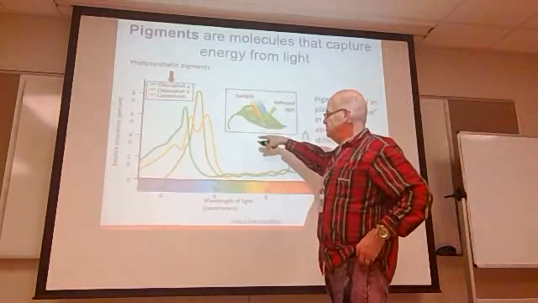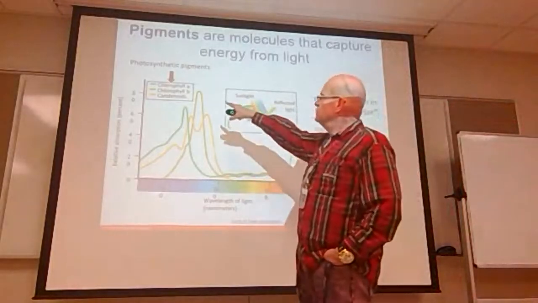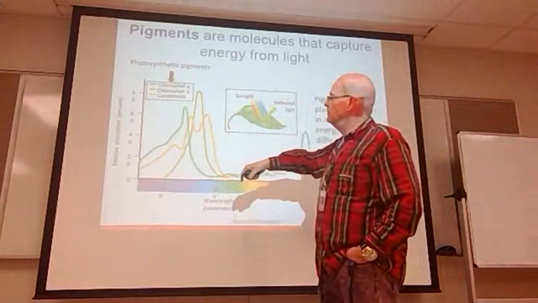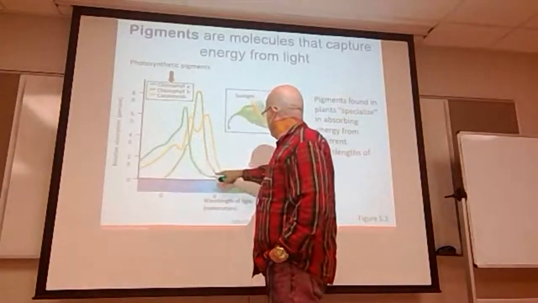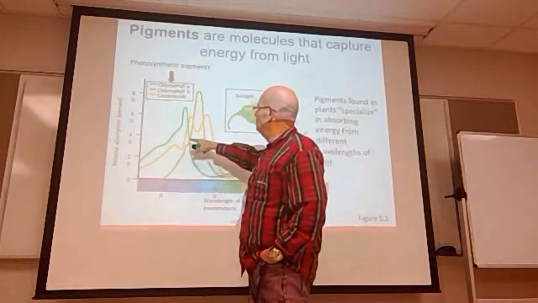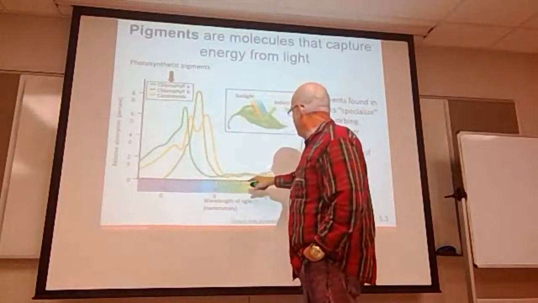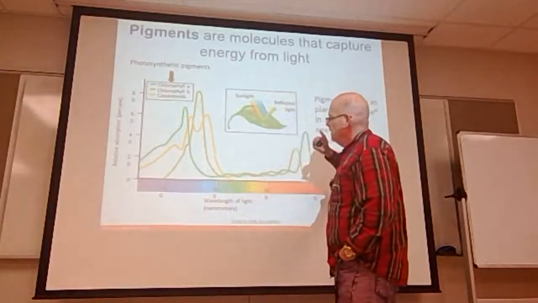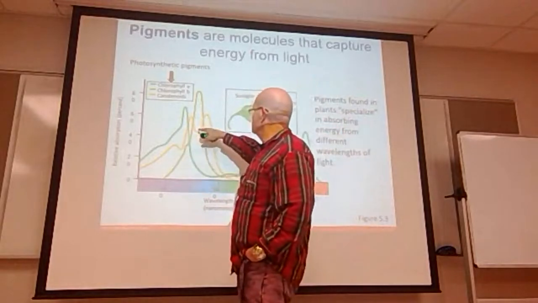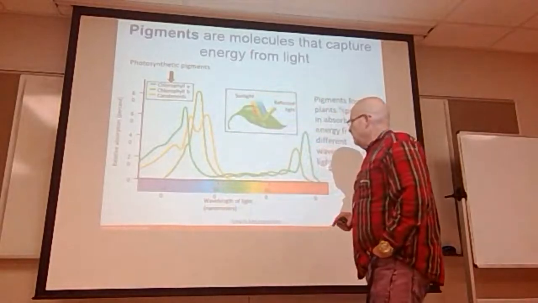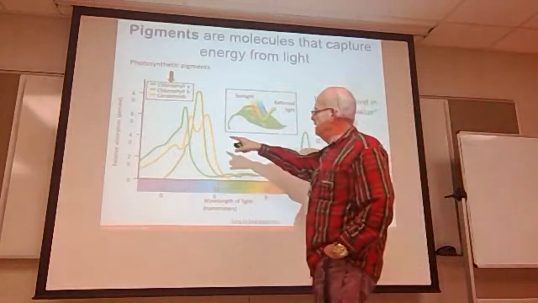So what this picture right here shows is three different photosynthetic pigments. You have chlorophyll A, which is the darker of the greens, and then you have chlorophyll B, which is the lighter green, and then you have the carotenoids, which are the yellows, and you see right there that they have a very close wavelength.